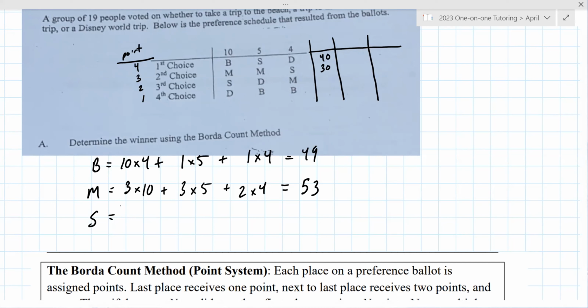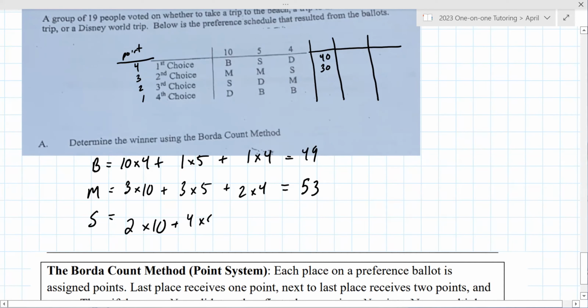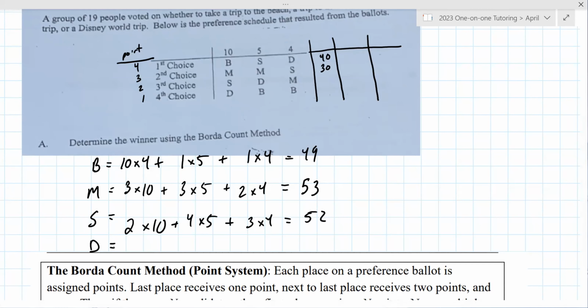52. So 2 times 10 plus 4 times 5 plus 3 times 4. Yes. So do the last one, D, for us, please. 36.